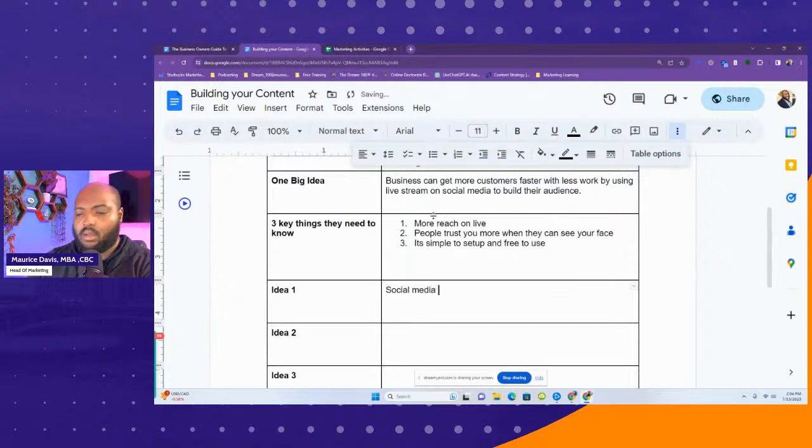Social media platforms favor creators that use more of its features. One of the features it loves most is when creators go live.